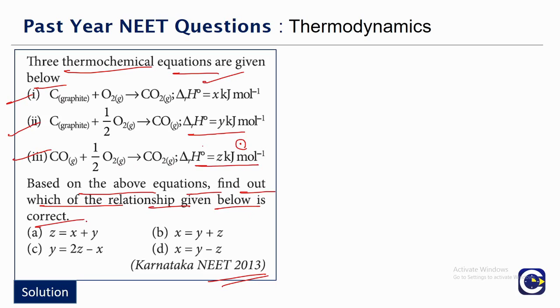This is a question based on Hess's law of constant heat summation. How do we solve this? When you have a set of reactions or equations, what is the Hess's law concept?